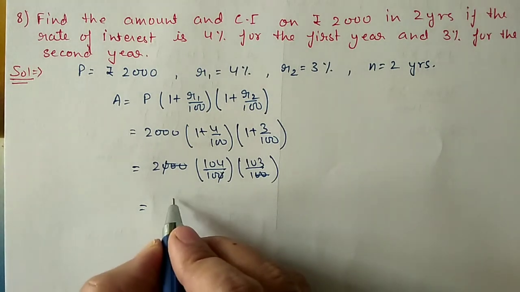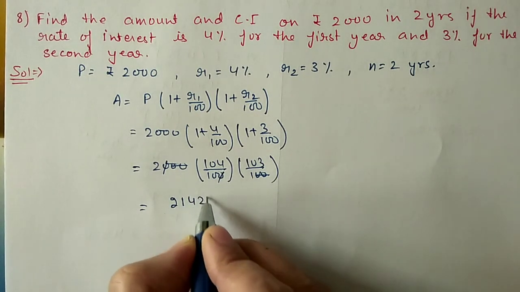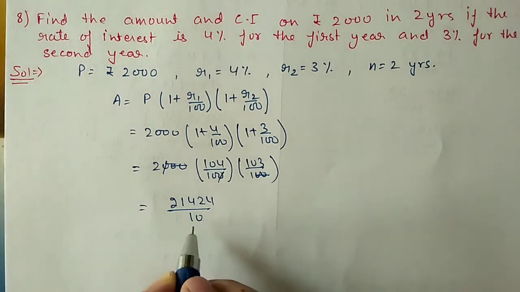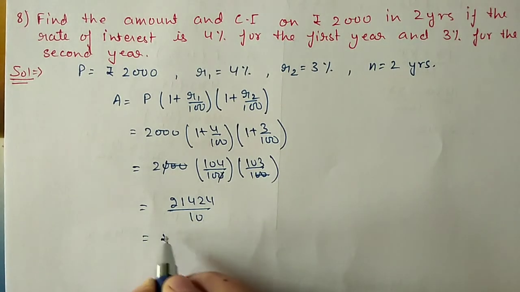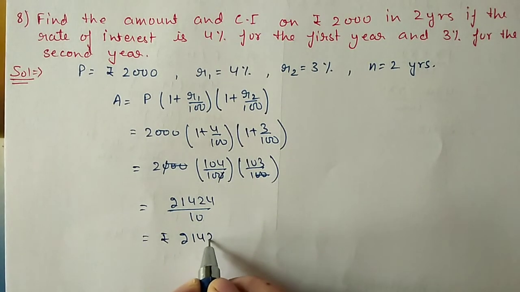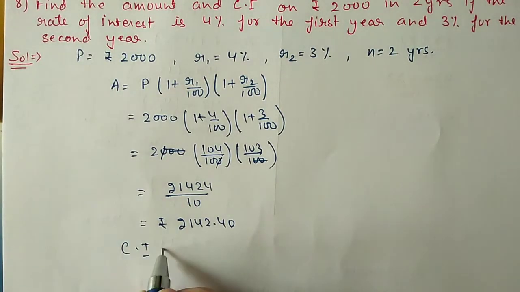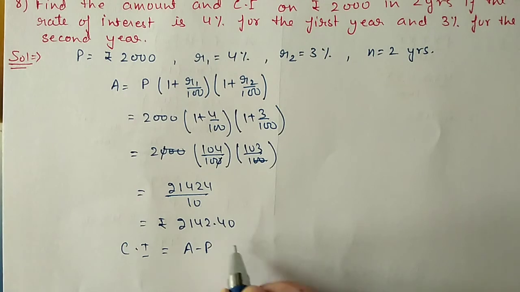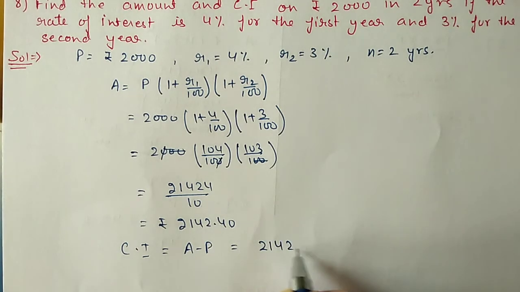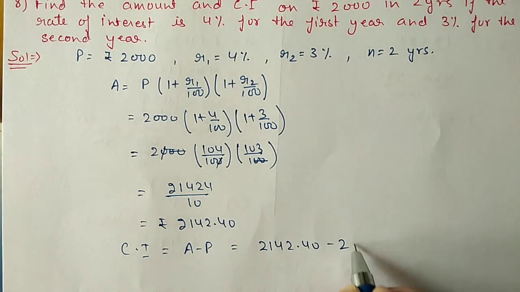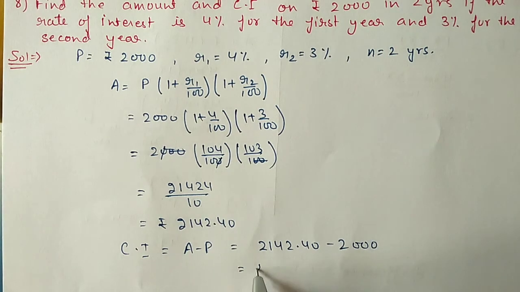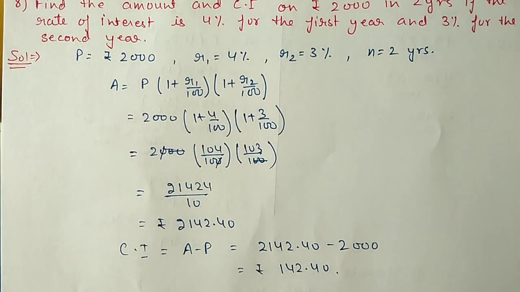After multiplication we will get 21424 divided by 10. Divided by 10 means 1 decimal, 2142.40. So compound interest will be A minus P, 2142.40 minus 2000 rupees. After subtraction we will get 142 rupees 40 paise here.